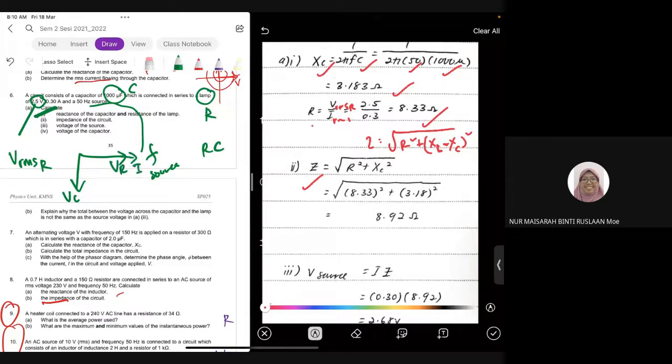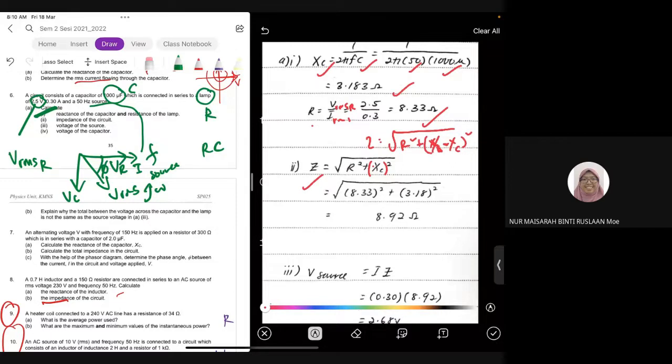So ini I, VR dia dekat sini, ini V. Dalam kes ni VL tak ada ataupun XL tak ada, so XL ni kita boleh buang. So dia punya formula adalah R squared plus XC squared. Tapi negatif ni nanti because you squared dia akan jadi positif lah.